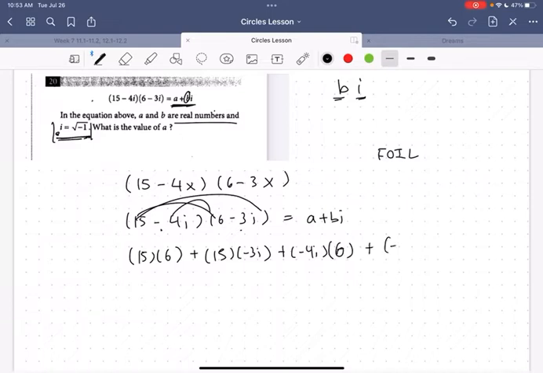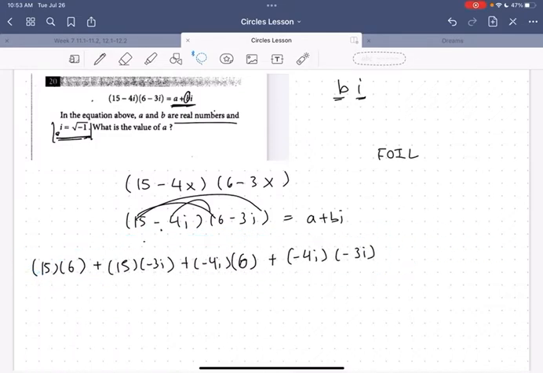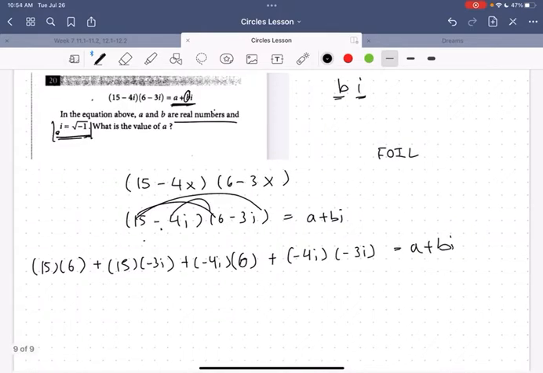And last is -4i times -3i, and that is equal to a plus bi. So let's simplify what we can. What is 15 times 6? That's 90. And then 15 times -3i is -45i, -4 times 6 is -24i.